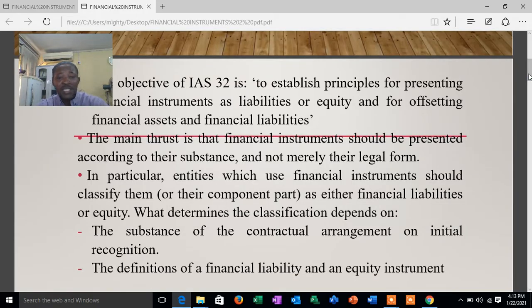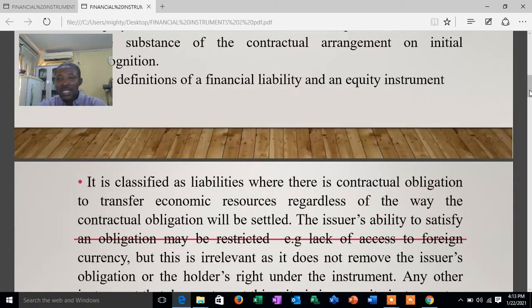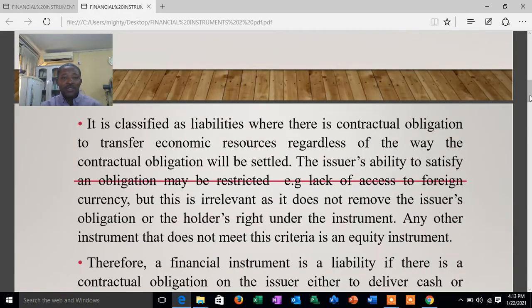In particular, entities which use financial instruments should classify them or their components as either financial liabilities or as equity. And what determines that is the substance of the contractual arrangement and the definition of a financial liability and equity instrument.